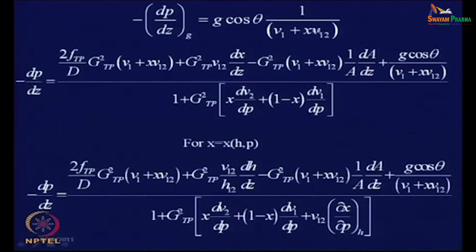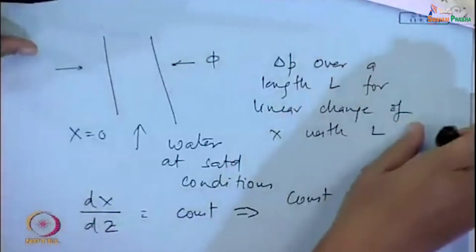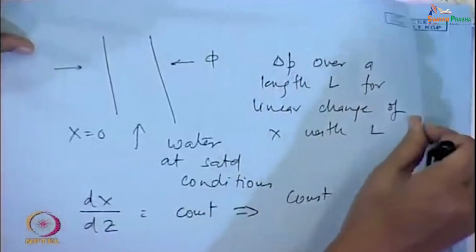So, this particular term is no longer there. We have this particular term, we have the gravitational term, and we have this particular term, where it is already specified in the problem that dx/dz equals constant. Okay. So, for this particular case, if we write down the different terms, then what do we get?